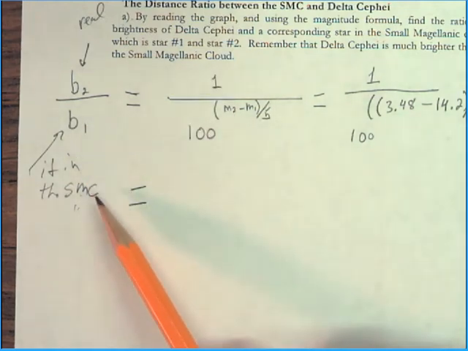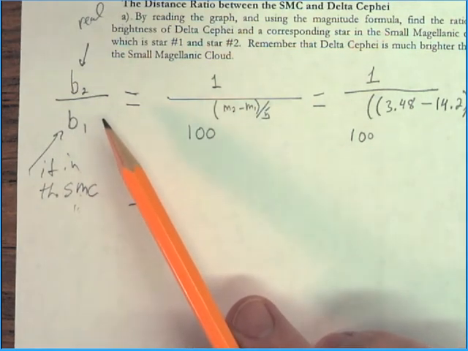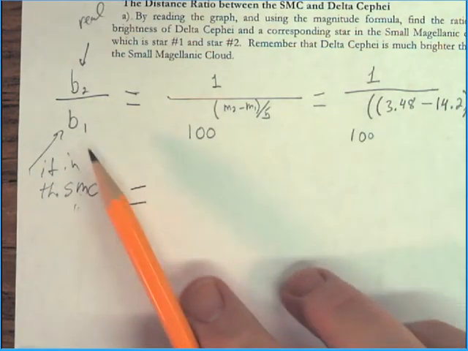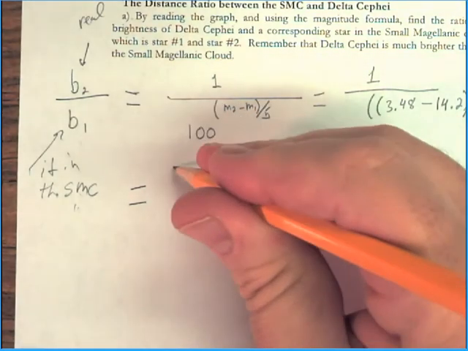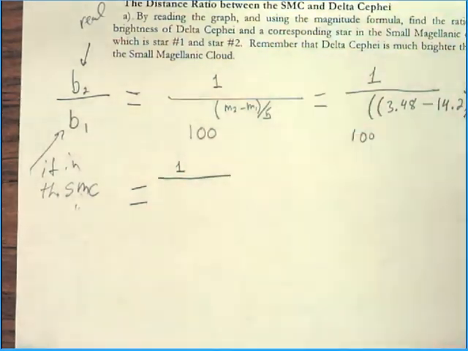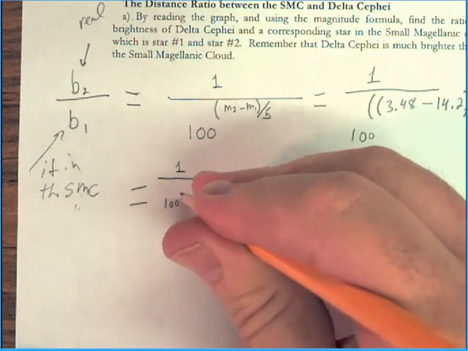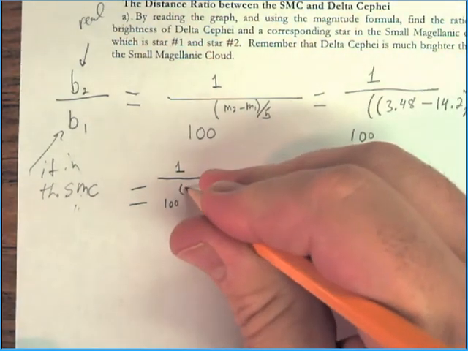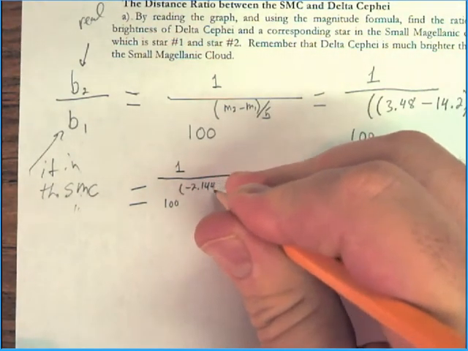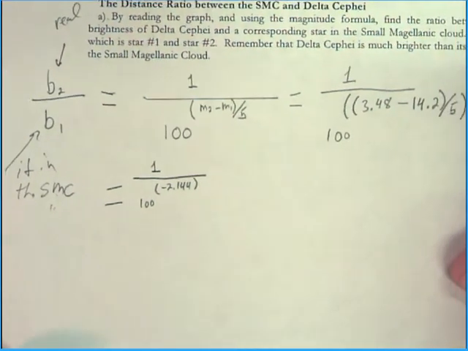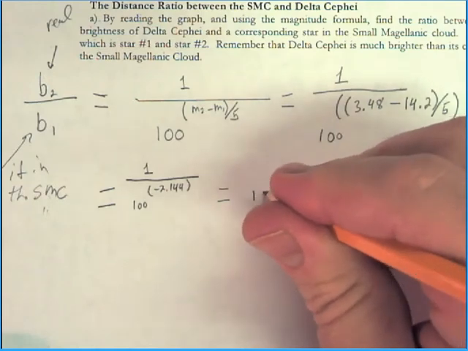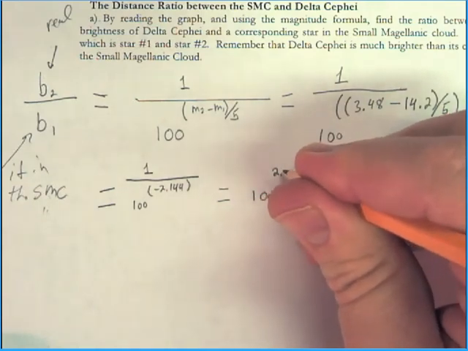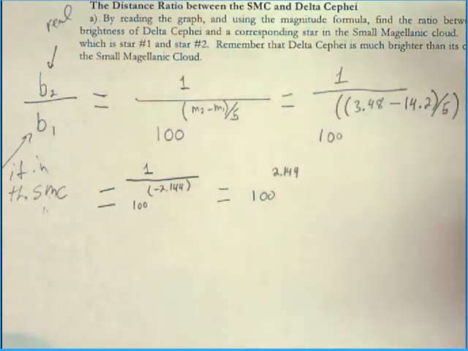So the subject here is the same as we had here, B2 over B1, which is what we're interested in for this problem. And it's going to be equal to 1 divided by 100 to the negative 2.144. And that's going to be equal to 100 to the 2.144 power.